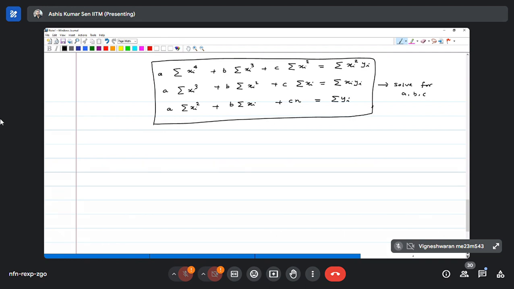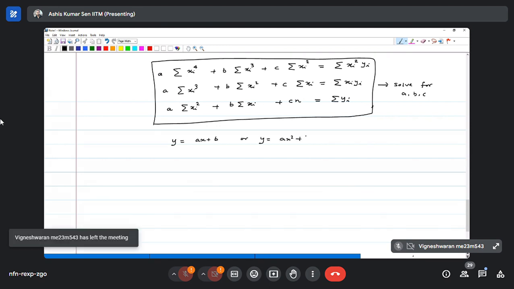Now, one important thing I want to say about regression analysis is that when you write y equal to ax plus b, or y equal to ax square plus bx plus c, you basically assume that the uncertainty in y is actually more than that in x, which in other words, x is more accurately known than y, because you use the uncertainty in x to calculate y, so there will be uncertainty propagation.